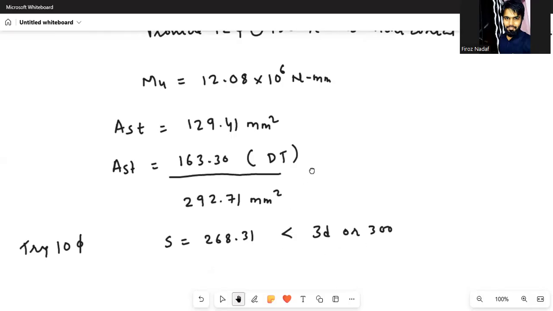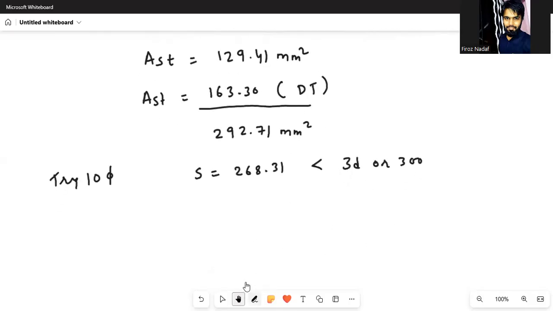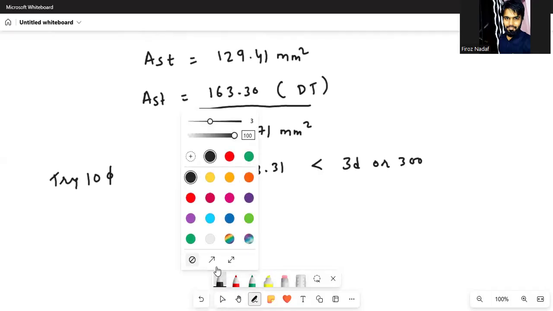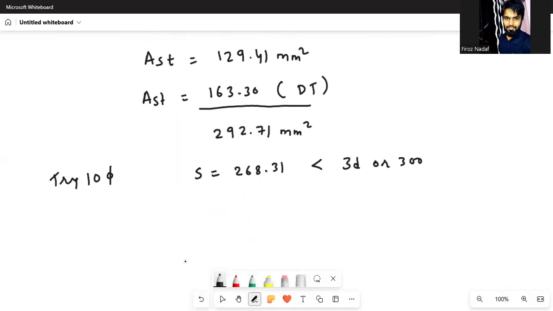Okay, so you can provide for the midspan. I will tell you the detailing of the reinforcement when we complete the design. We are designing the side wall, and we are on the verge of completion of the design of the side wall.